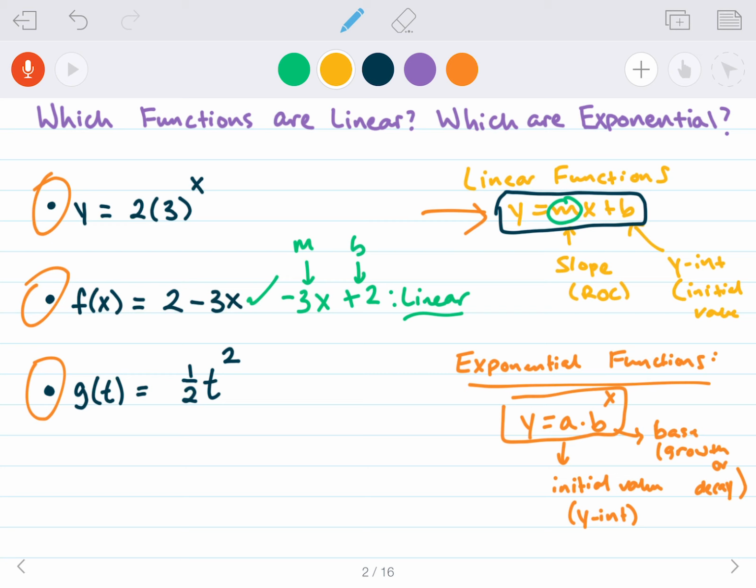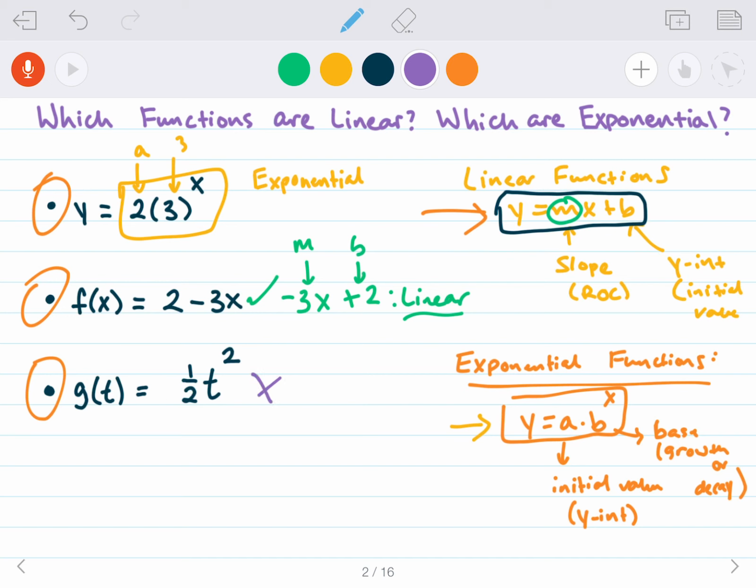What about the first one? So the first one is in the form of y equals a times b to the x, right? And in this case, our a is 2 and our b is 3. So this one is exponential. And finally, we have 1/2 t squared.